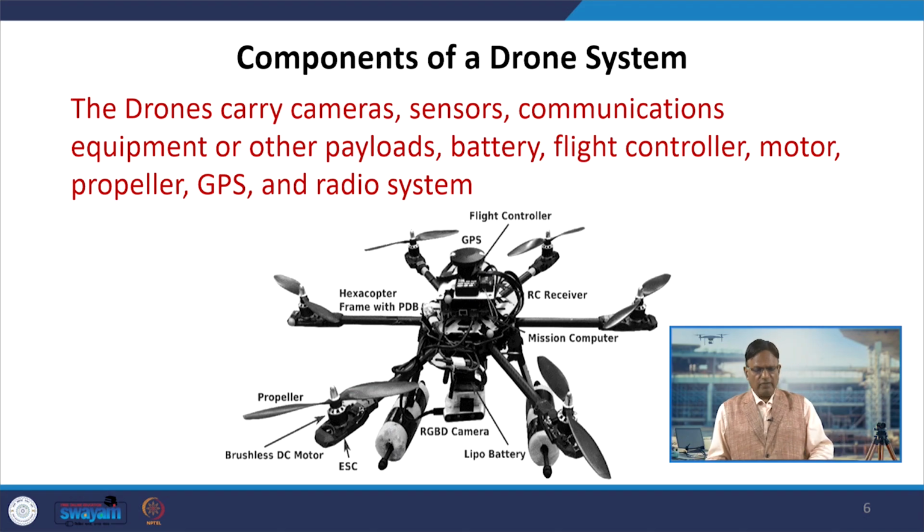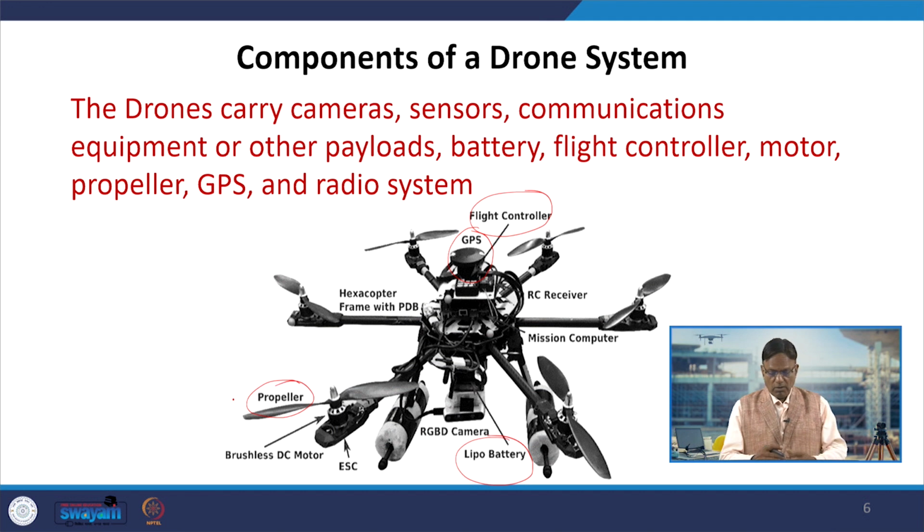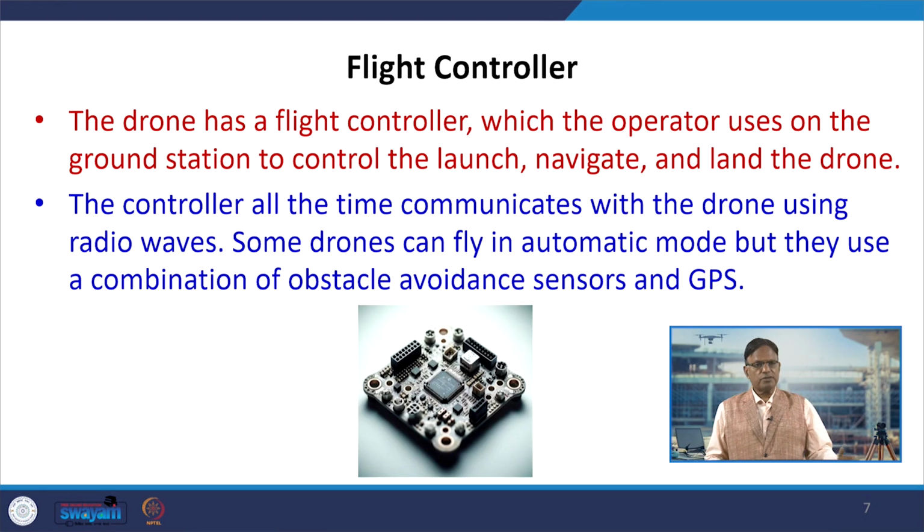This figure shows the locations where these are fitted, like the GPS on the top, then the flight controller system, then the battery, which is a LiPo battery here, and then the propellers. All these components make a complete drone system ready for data collection. So we'll discuss them one by one.